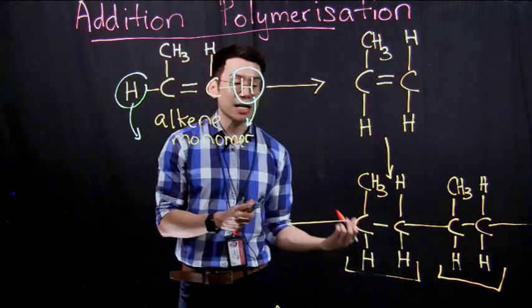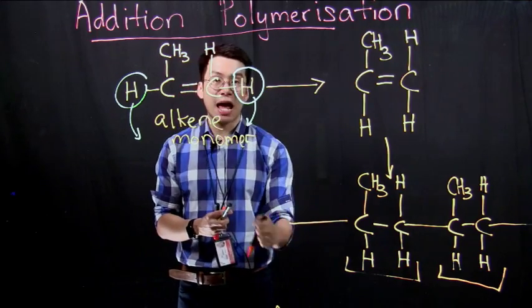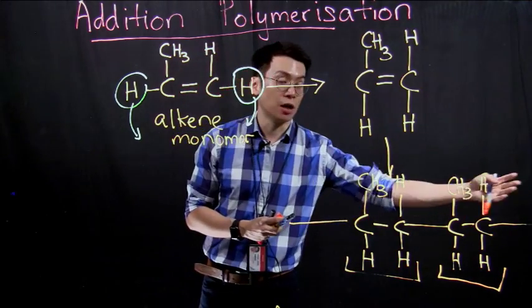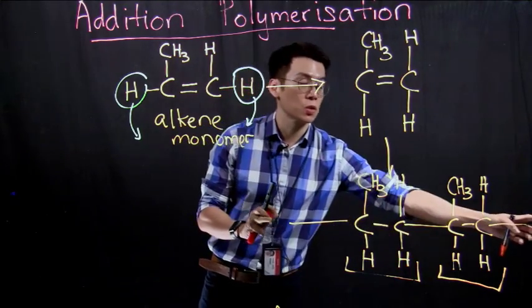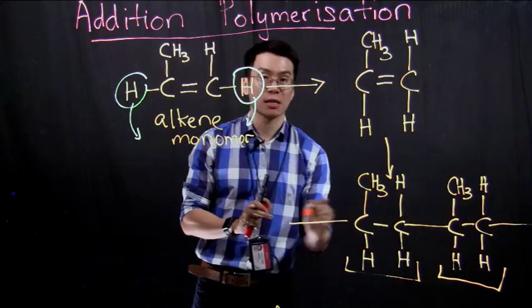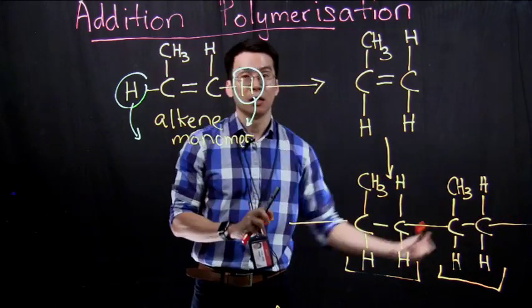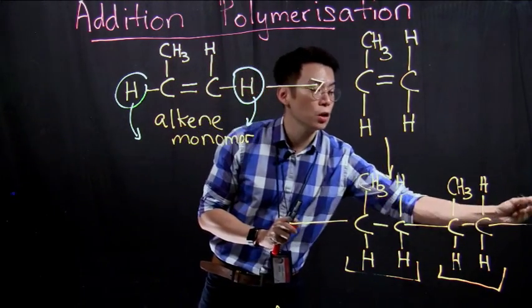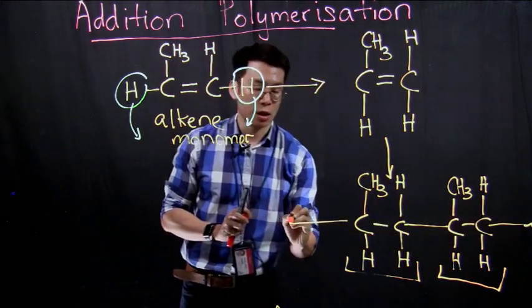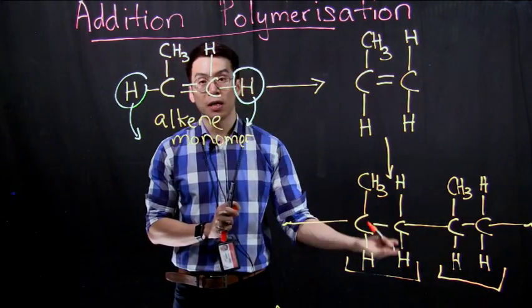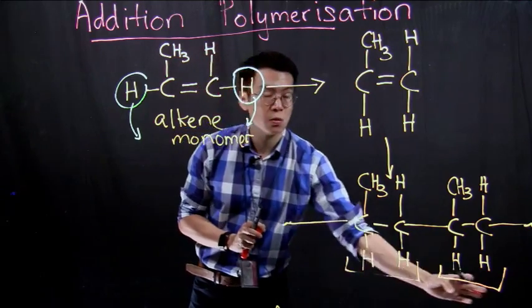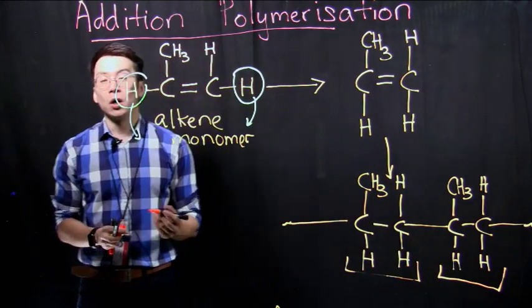Bear in mind that on the left and on the right of this polymer, you cannot draw any atom. Just leave the two lines here and here to show that it continues to the right and to the left. So this is a polymer showing two repeating units. Let's recap.